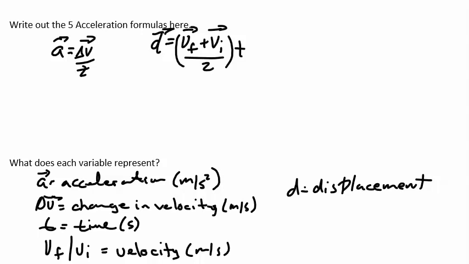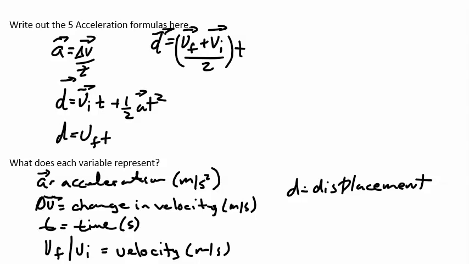A couple of others that you will see on your formula sheet are 2 that are very, very similar to one another. d equals vi t plus 1/2 a t squared, and d equals vf t minus 1/2 a t squared. Again, we've got a couple of vectors. The key difference comes down to whether you are starting with the initial or final velocity.